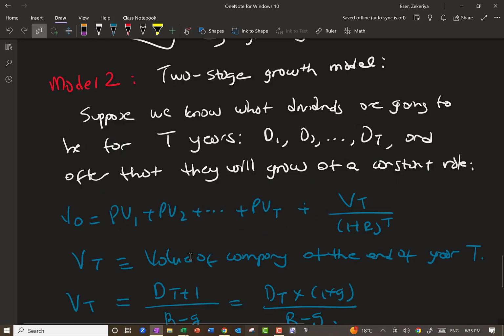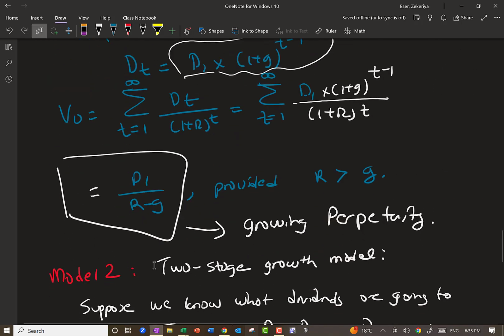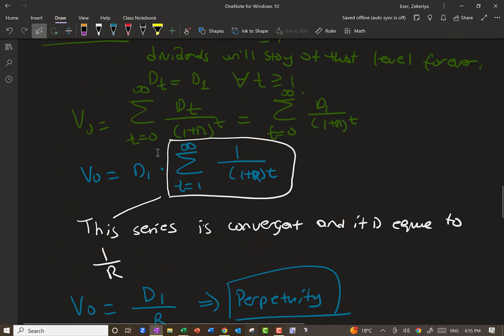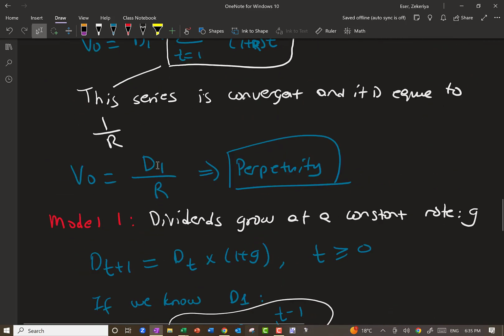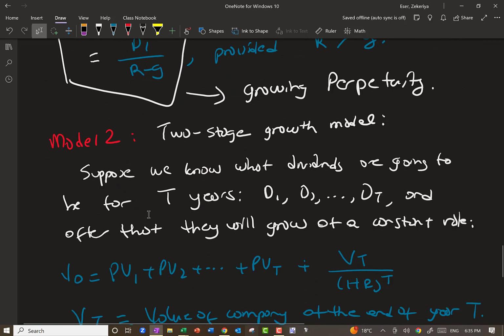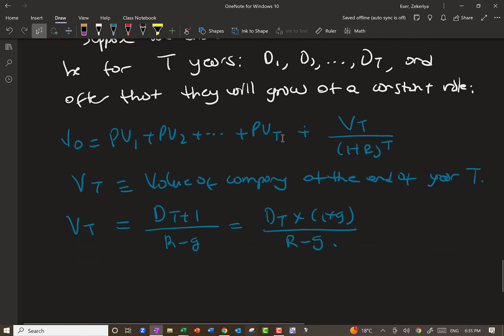As you may imagine, Model 1 and Model 0 are special cases of Model 2, if you assume that T is 0 or T is 1, the first one, and after that it grows at a constant rate.